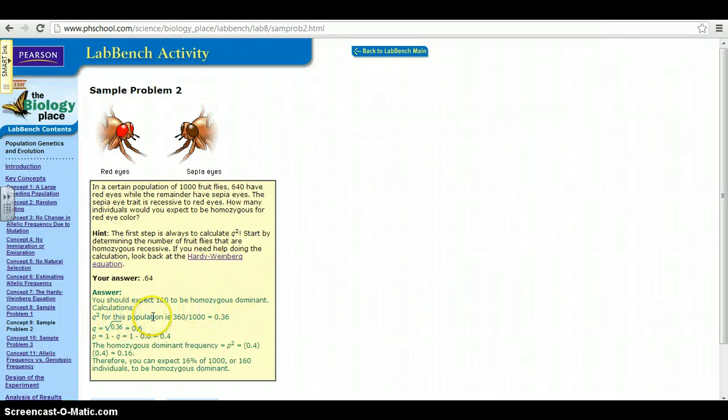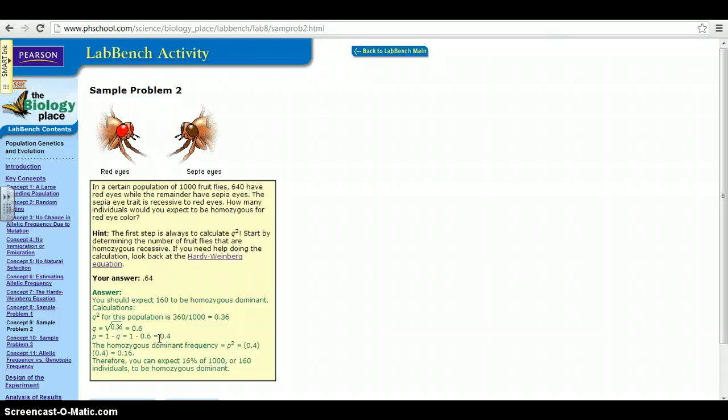So q squared for this population is 0.36. The second step is always to find the allele frequency of that recessive allele. We take the square root of 0.36 and we get 0.6. So 60% of the alleles in the population are sepia, and to have a total of 100%, 40% would have to be the dominant allele for red.